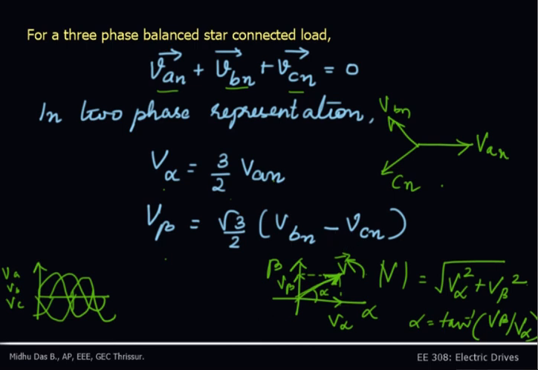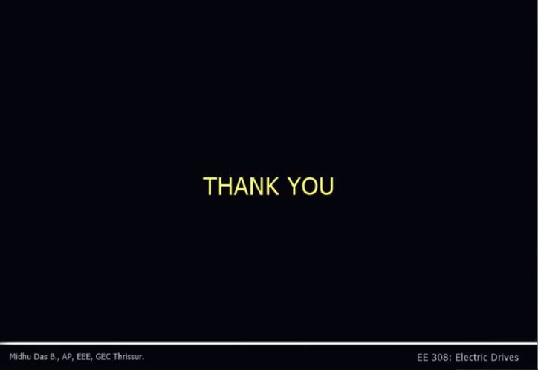So in this lecture we have discussed the concept of space phasor. We have seen the revolving MMF is an example for space phasor. This revolving MMF is synthesized from three-phase MMFs which are produced by three-phase windings placed 120 degree apart in a machine, when a three-phase balanced supply is given to these windings.